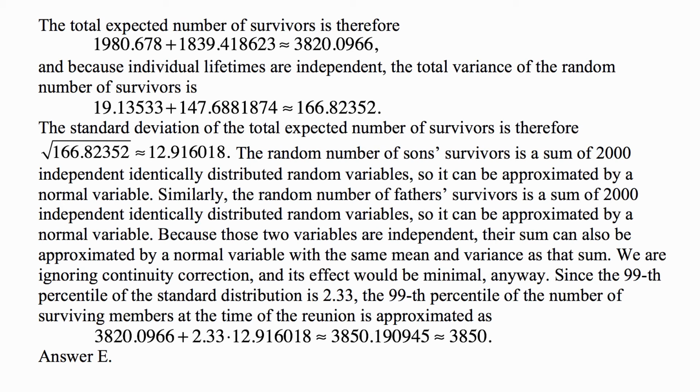So it can be approximated by a normal variable because of the central limit theorem. Similarly, the random number of father survivors is a sum of 2,000 independent, identically distributed random variables, so it can be approximated by a normal variable. Because these two variables are independent, their sum can also be approximated by a normal variable with the same mean and variance as that sum.